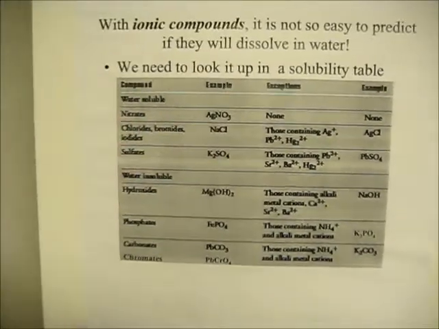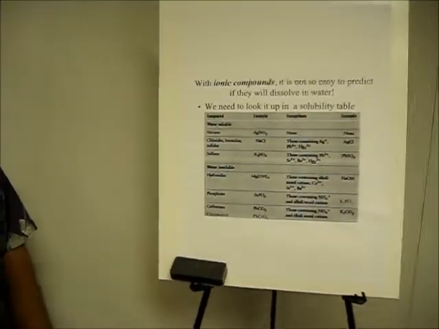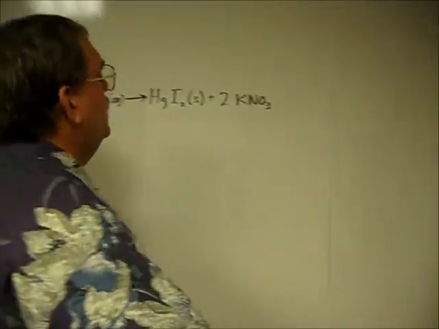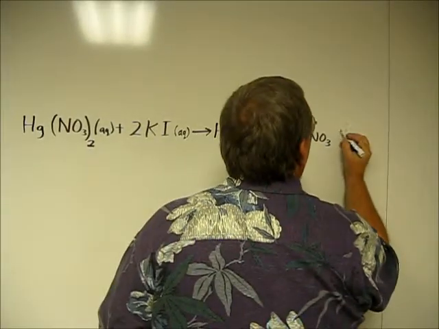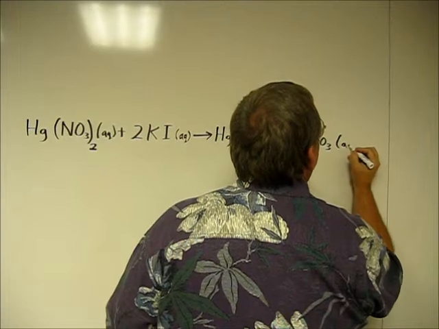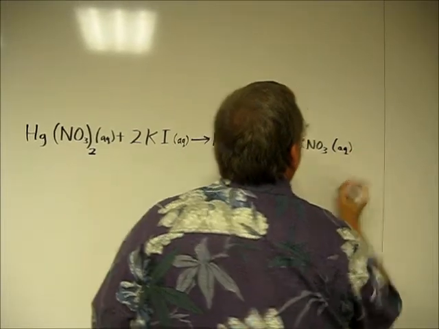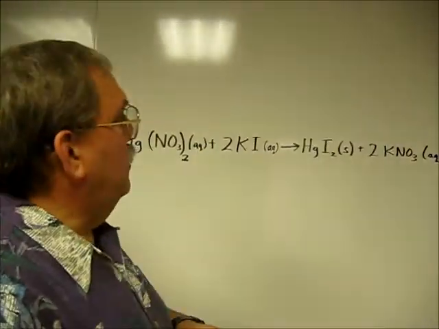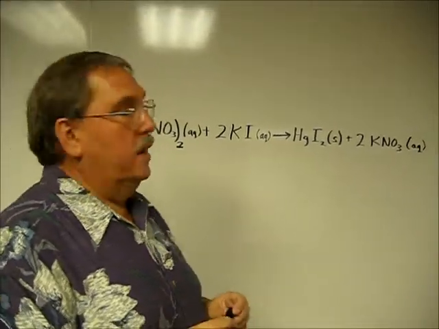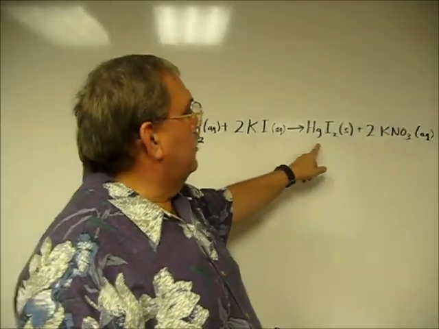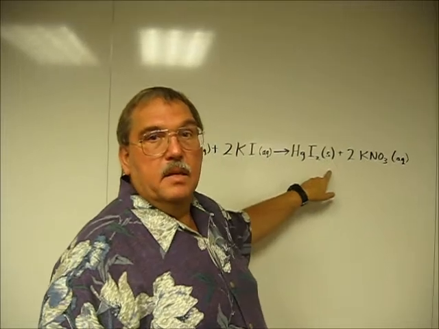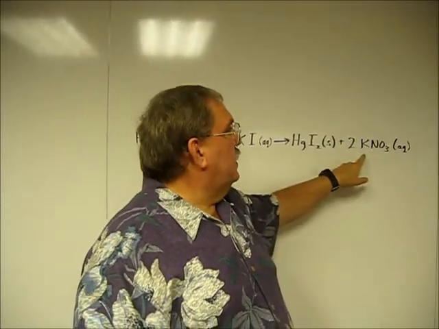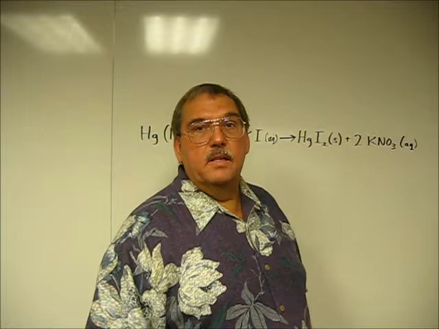So in all cases, if a nitrate anion appears, it would be an aqueous solution. So we go back to our equation, and in parentheses for state, we put aqueous, and we've determined the solubility of our products. The mercury iodide is a solid precipitate, and the potassium nitrate is an aqueous solution.